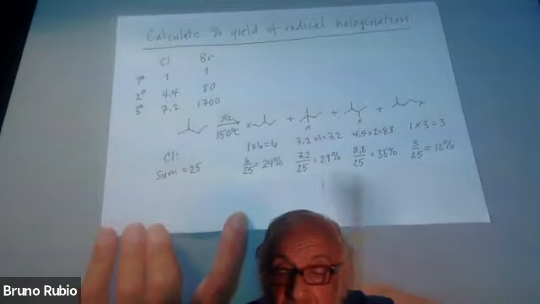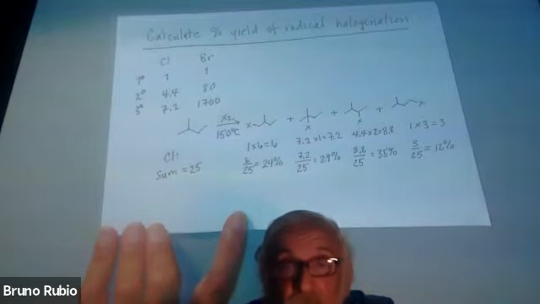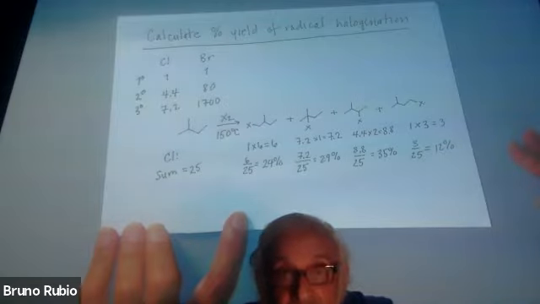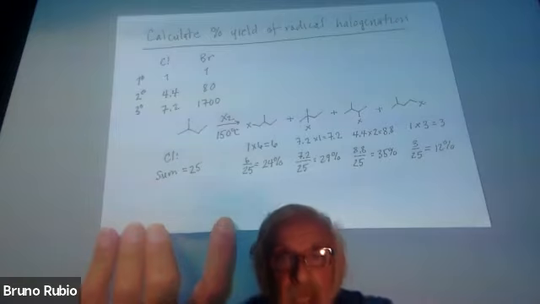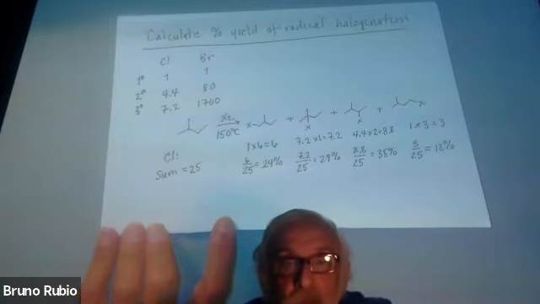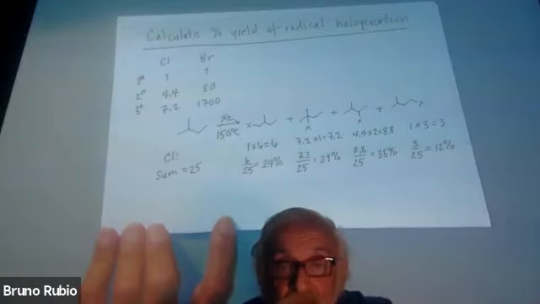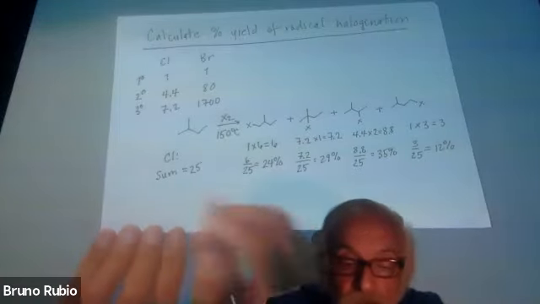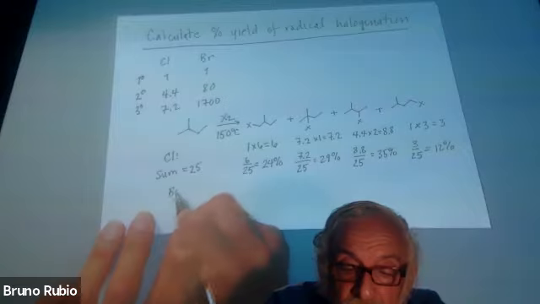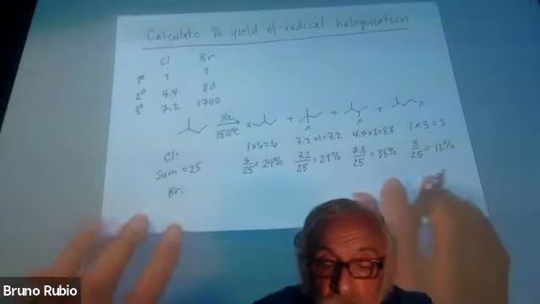And if you look at these numbers, the reaction is a disgrace, right? Because we are going to get pretty major amounts of a lot of stuff. And when we run a reaction in the laboratory, we want 100% yield of one thing, not major amounts of 4 different things.